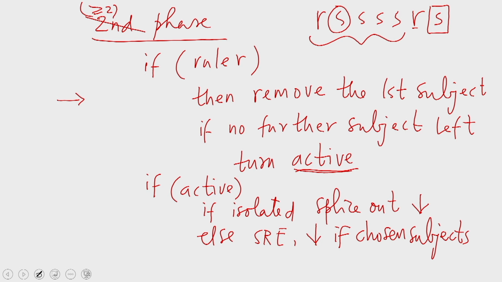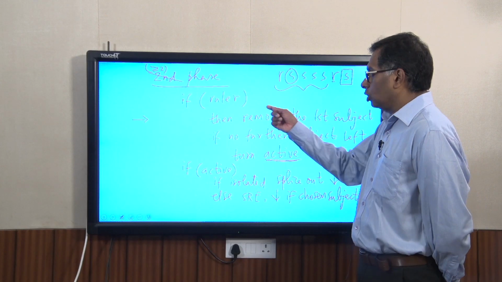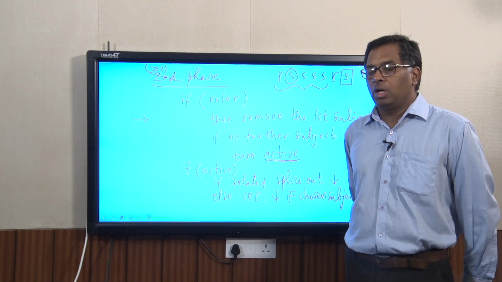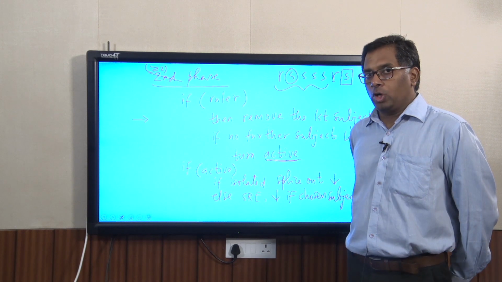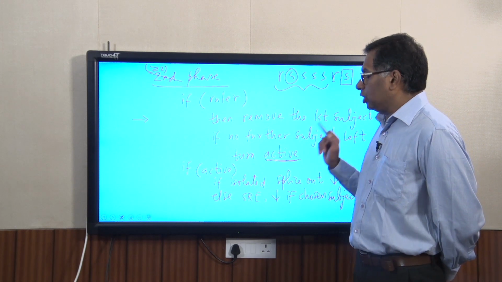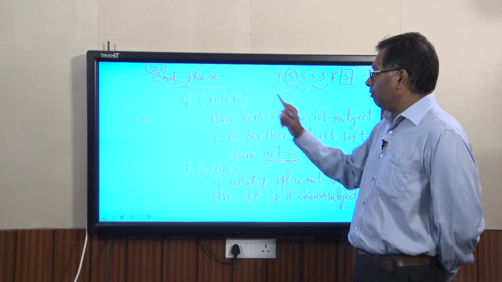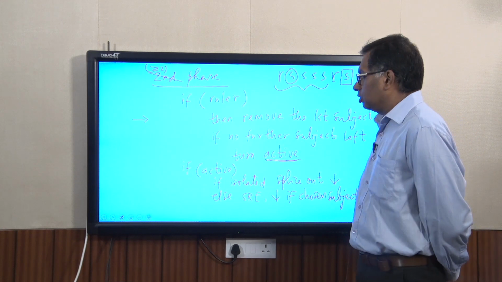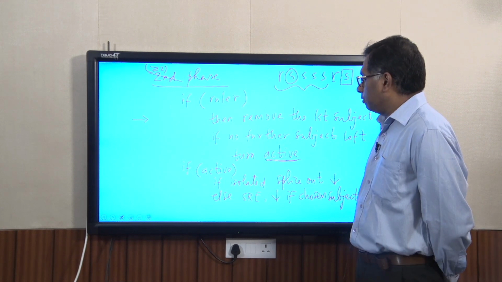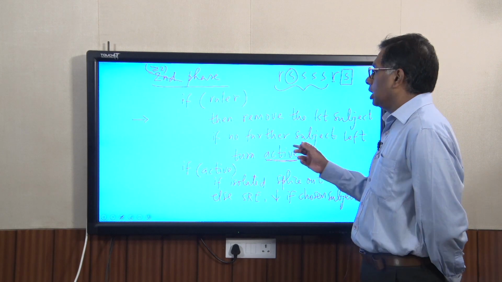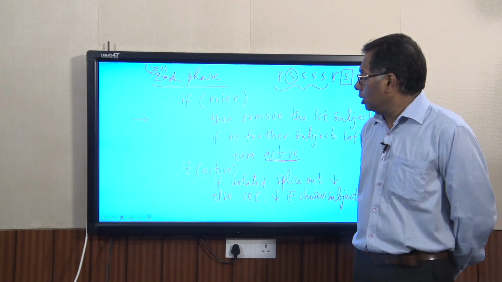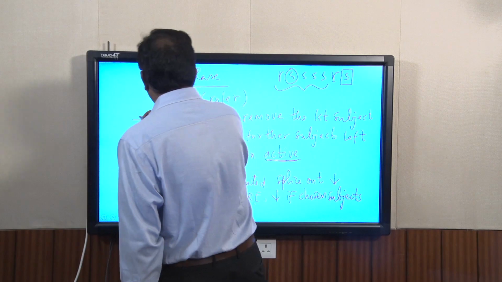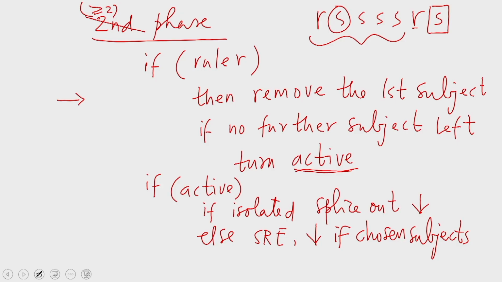All these ruler nodes will check if they do have subjects, at least one subject, because as soon as a ruler loses all its subjects, it would have turned active. Therefore, if a node is still a ruler, it is with subjects. Therefore, every ruler will remove the first subject that it has, and if there is no further subject left, it will turn active. So, this is one time instance when we remove an independent set from the list.